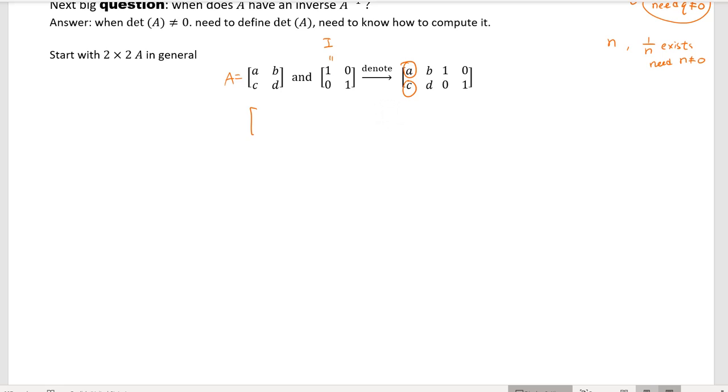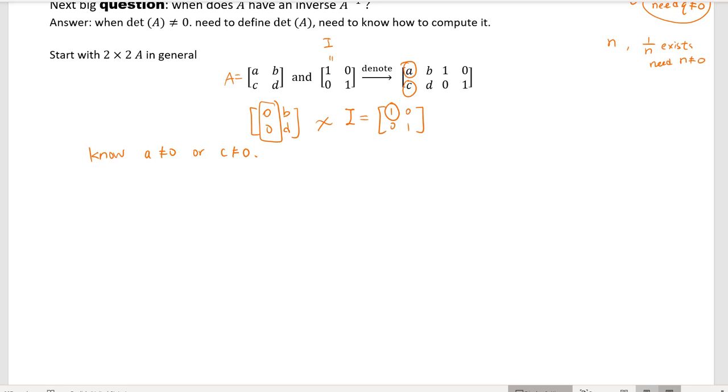Because if both are zero, then this matrix is not row equivalent to the identity matrix, because you cannot get the one here. In order to get the one here, you need A or C to be nonzero. So we know A is not zero or C is not zero.